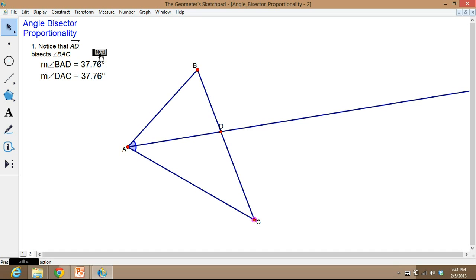Okay, the angle A is still bisected. So the opposite side of angle A is BC, and it's cut into two parts, but they're not equal parts. And I just showed you that D is not the midpoint. If it were the midpoint, BD and DC would be equal, but they're not, so it's not the midpoint.